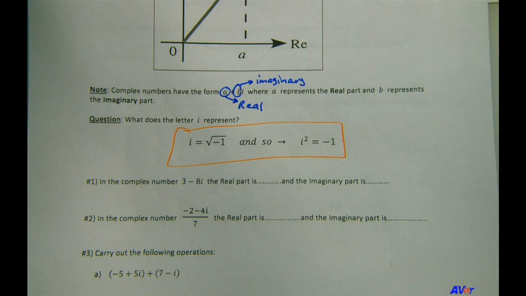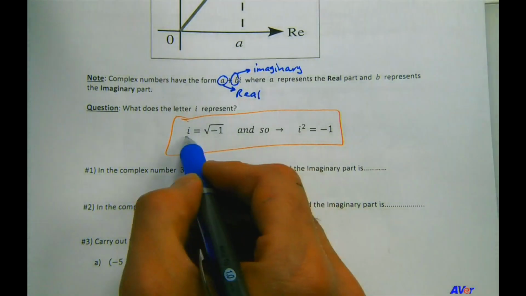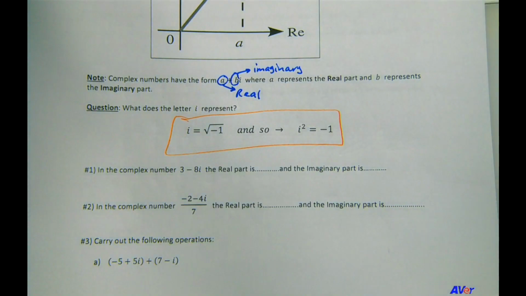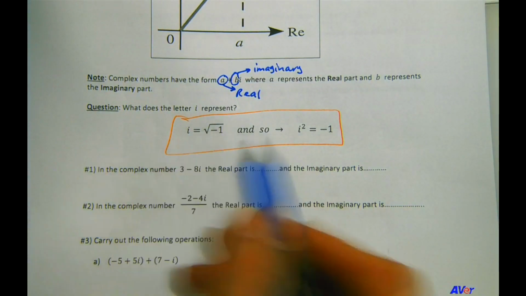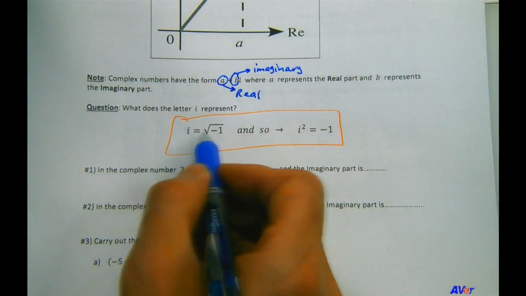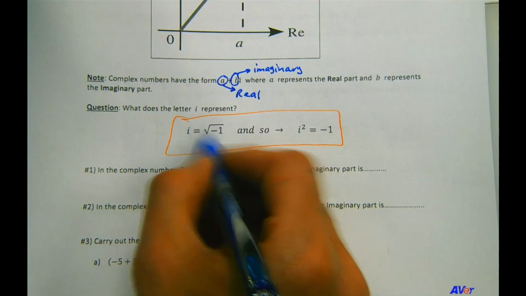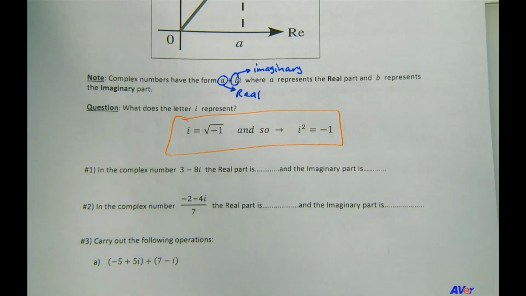Just like the regular dictionary defines various words, because we all agree those words mean those things, like chair, a table, and so on, in the mathematics world, the square root of -1 was defined as the letter I. So if that's the case, then I squared, if you square both sides, you get -1, because the square root of -1 squared cancels the radical expression, and we end up with just -1.